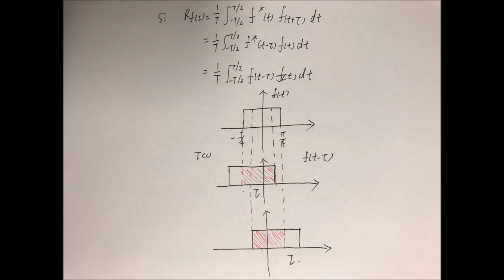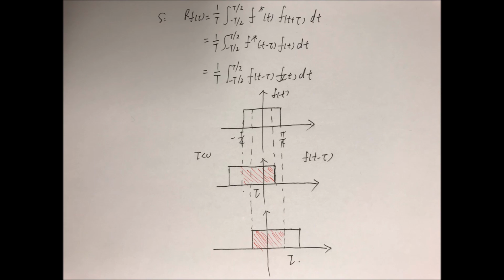Then tau less than 0. When tau is less than 0, I subtract a negative value, so I shift to the left.